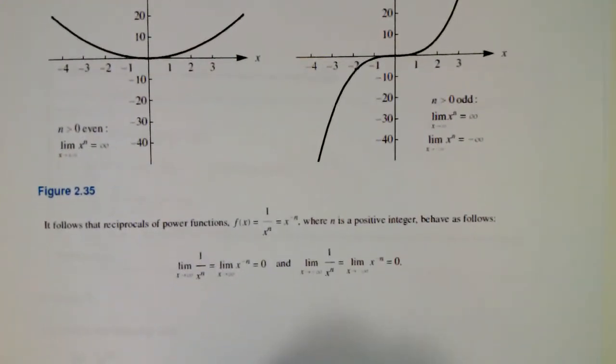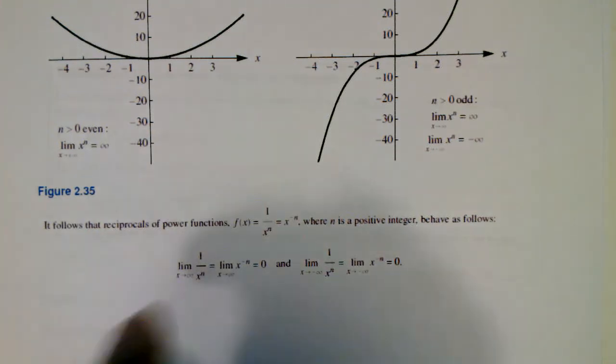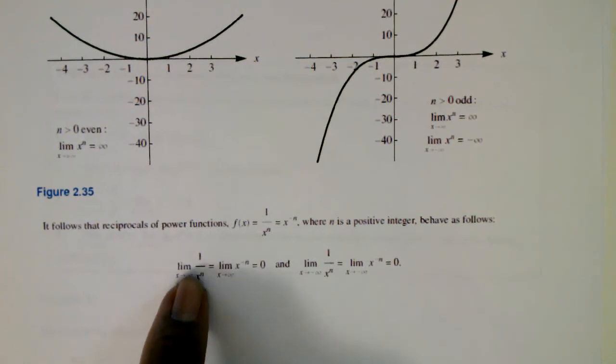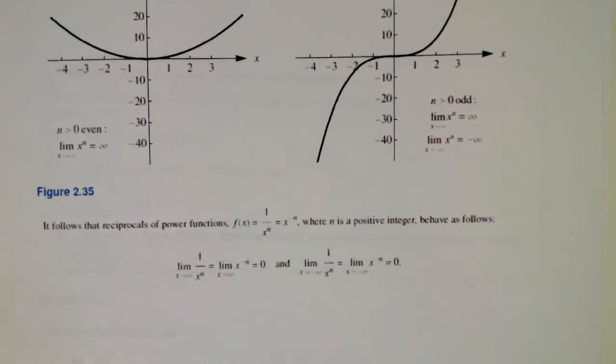So here it follows that reciprocals of power functions, like f of x equals 1 over x to the n, or we can write it as x to the negative n, where n is a positive integer, behave as follows. The limit as x approaches infinity of 1 over x to the n will go to 0.